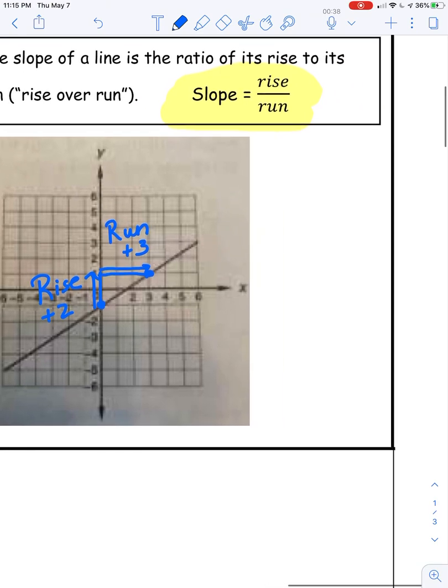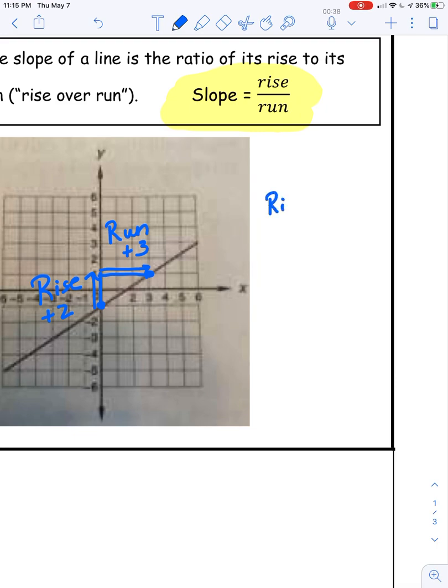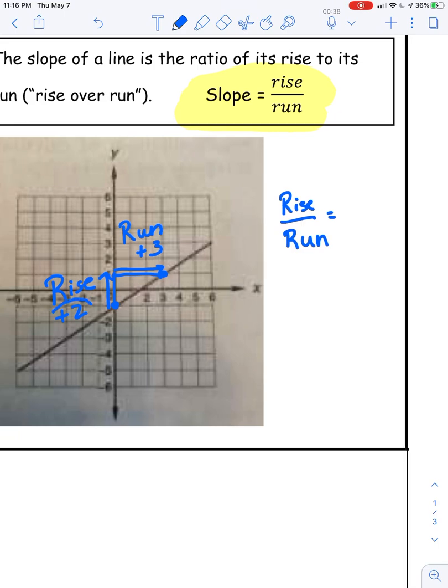Okay, so let's go off to the right and write rise over run and fill in what they are. We said the rise is +2 and the run is +3, which is basically 2/3. And that is the slope of that line.